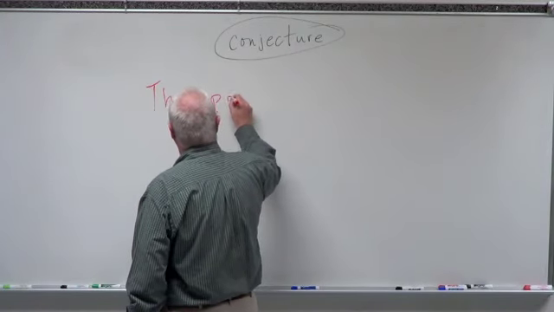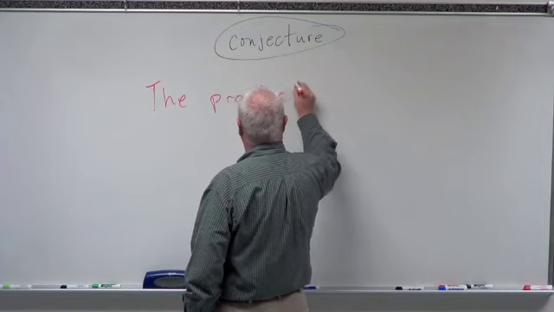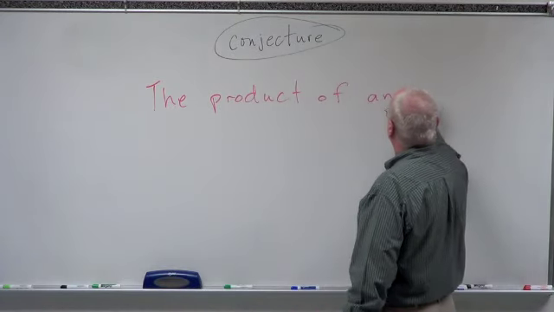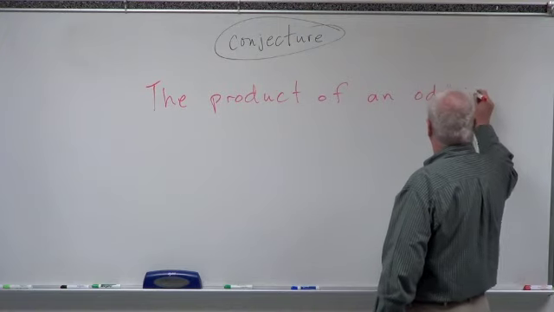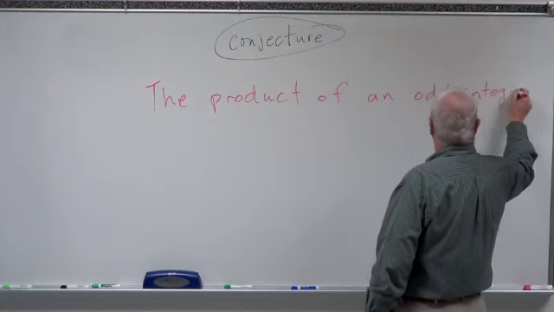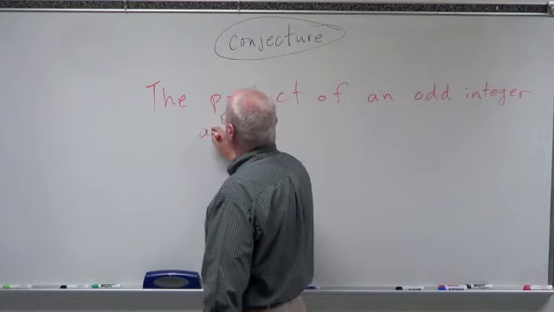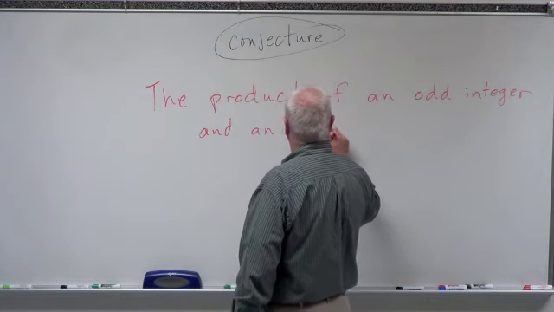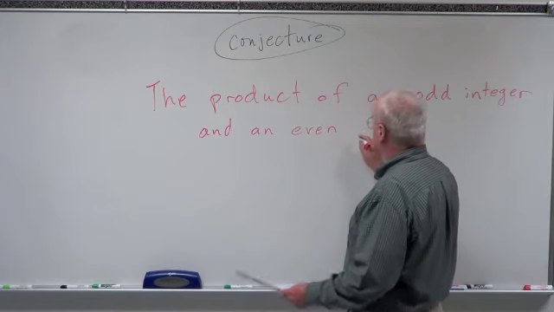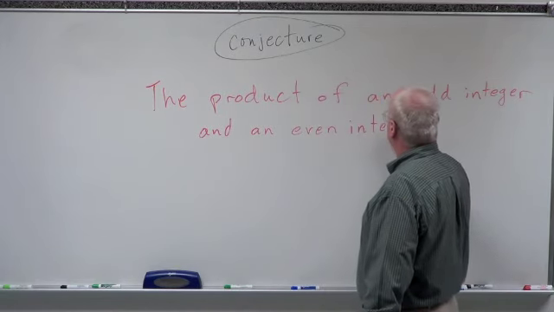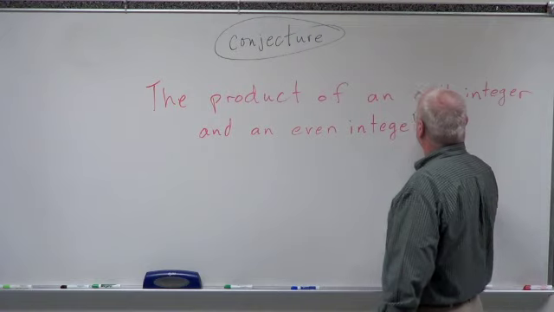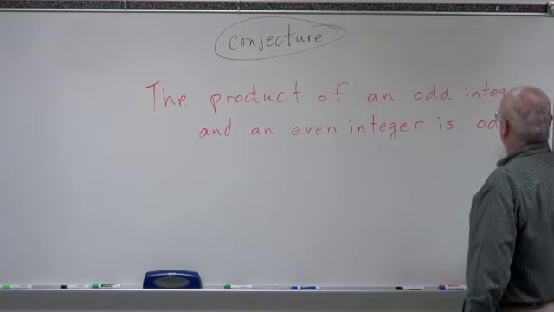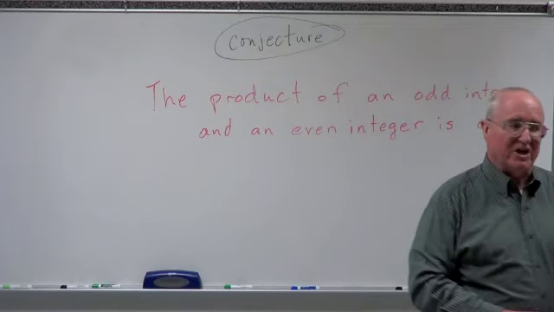The product of an odd integer and an even integer is odd. Okay? That's our conjecture.